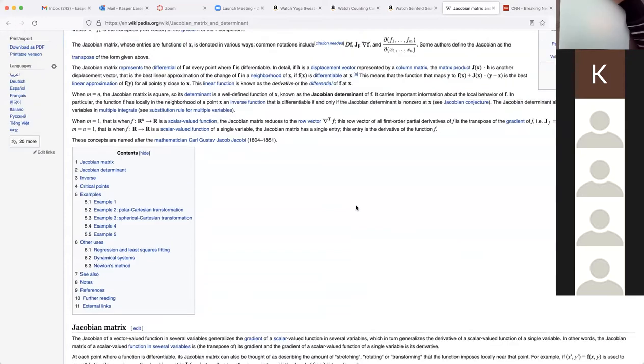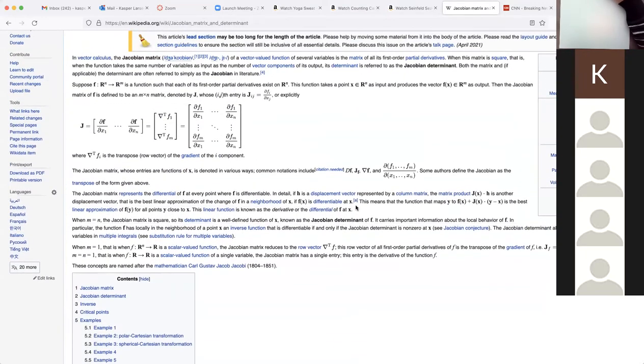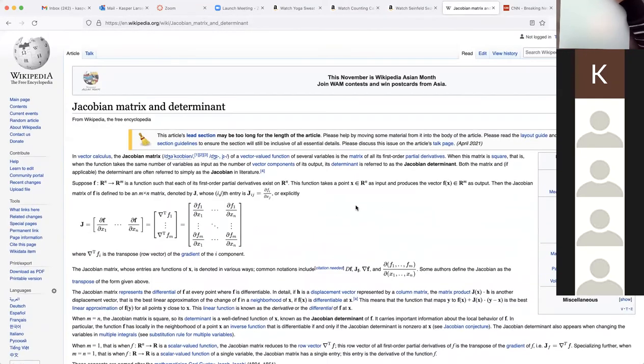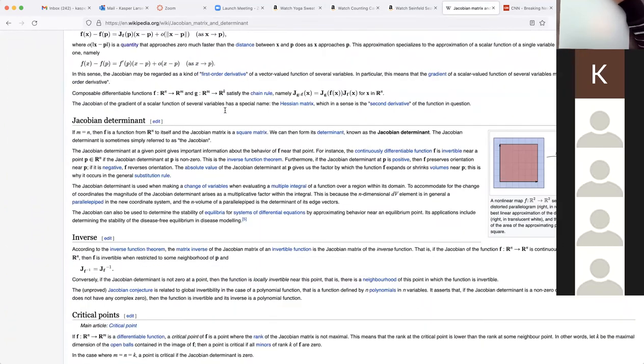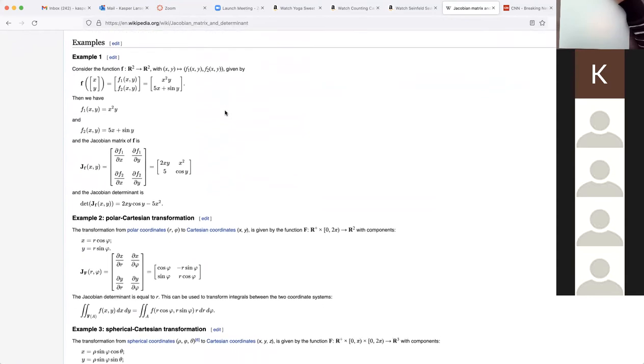So here's Wikipedia. It says something about the Jacobian and the determinant. And there are examples down here.